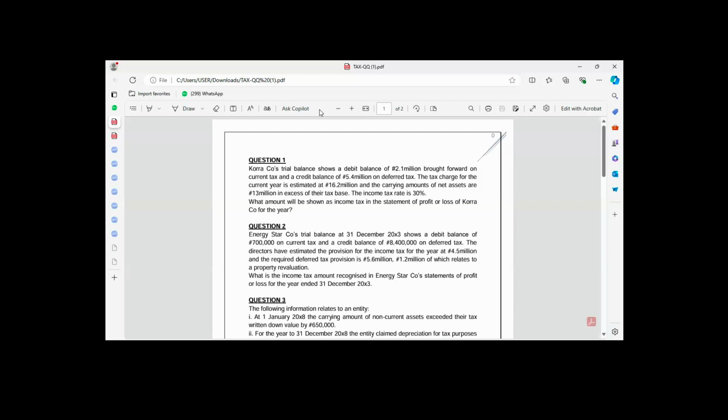What amount will be shown? Let's go to the requirements. What amount will be shown as income tax in the statement of profit or loss of Cora for the year two?